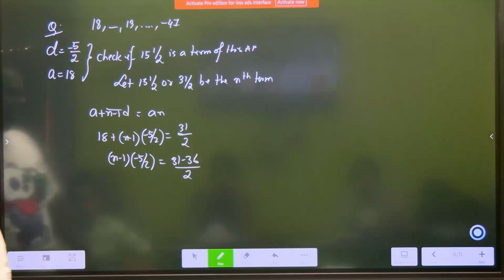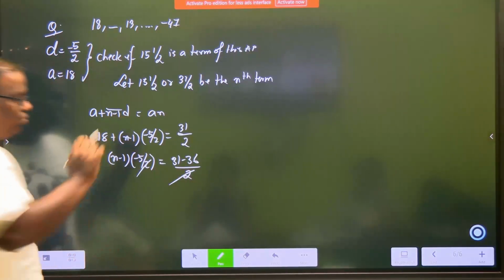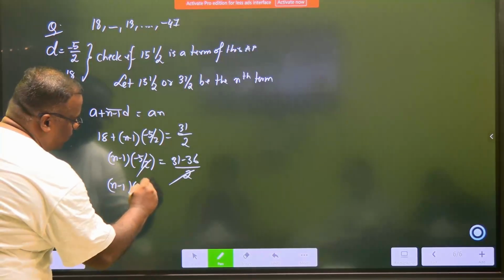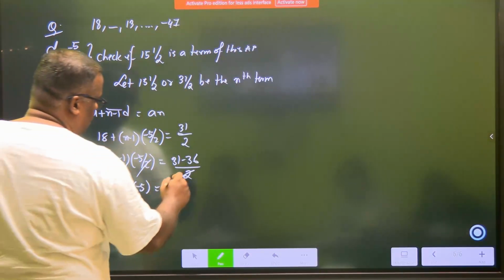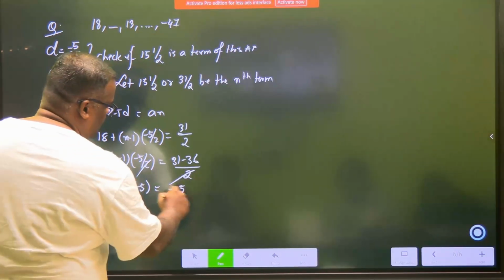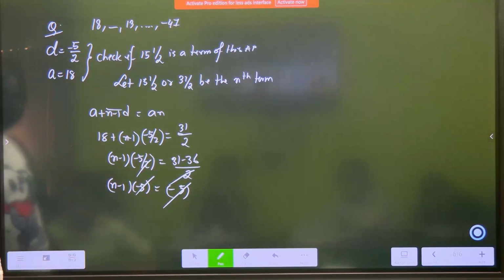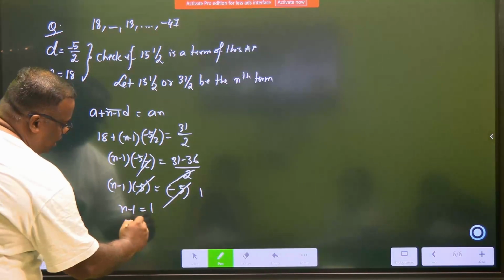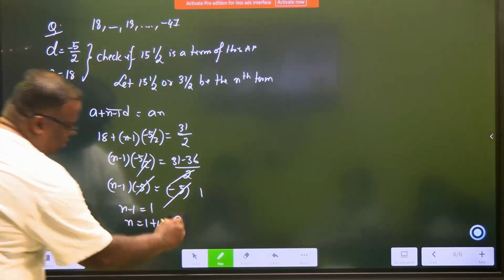Clear? Achha, this 2 can cancel this 2 now. Alright. So we have n minus 1 into minus 5 is equal to how much, beta? This minus 5 can cancel this minus 5. This is 1. So n minus 1 equal to 1. N is equal to 1 plus 1 is equal to 2.